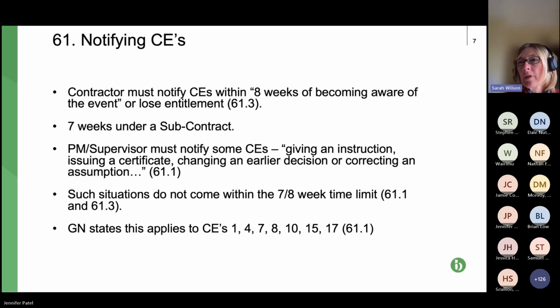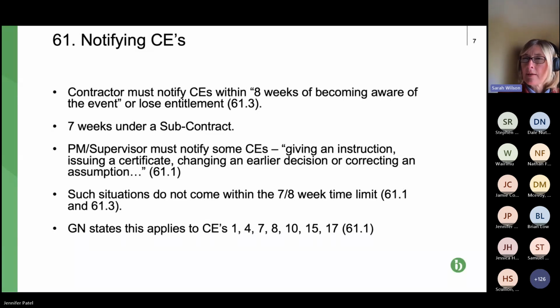Rather than trawling through and trying to work out which apply to which, if you look at the bottom bullet point, the GN, which is the guidance notes for NEC, states with regard to this clause 61.1 the CEs where it is for the PM or the supervisor to notify. So it lists them there: 1, 4, 7, 8, 10, 15 and 17.